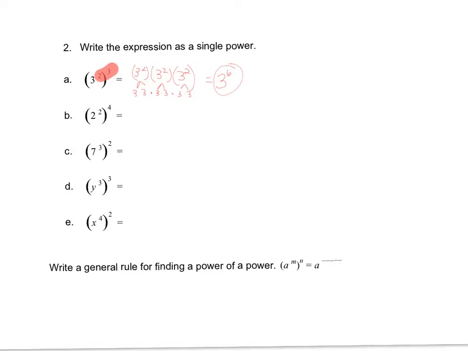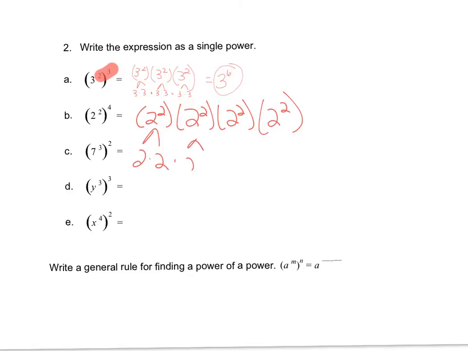If I go ahead and expand my second power of a power, I'm going to get 2 squared times 2 squared times 2 squared times 2 squared, which then expands to 2 times 2 times 2 times 2 times 2 times 2 times 2 times 2, which then becomes a single power of 2 to the 8th power.